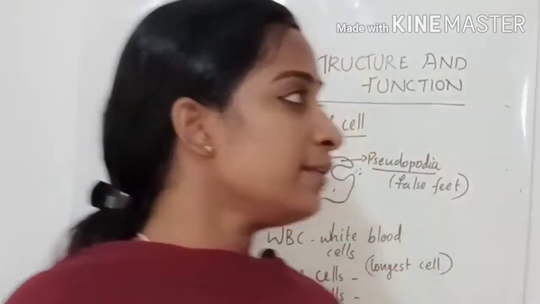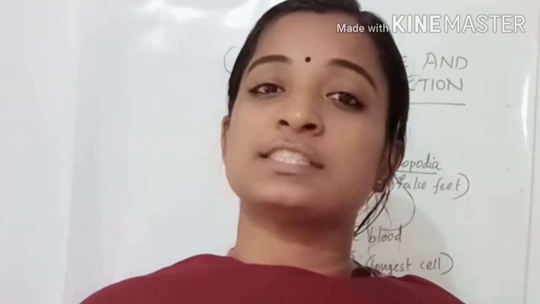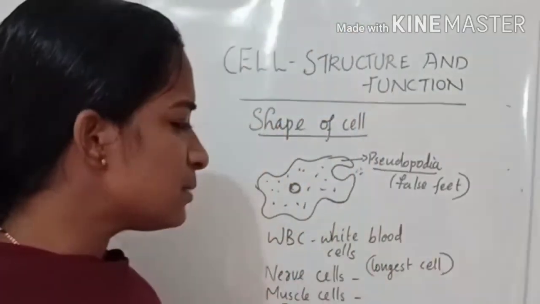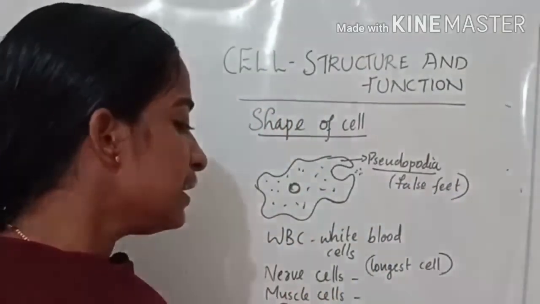Our body is made of trillions of cells, and this varies from organism to organism. We had also discussed different kinds of cells based on their shape. Each cell is different in shape, size, and number.